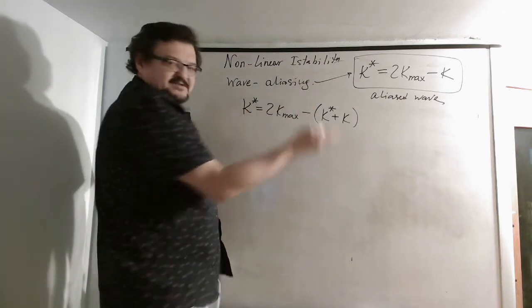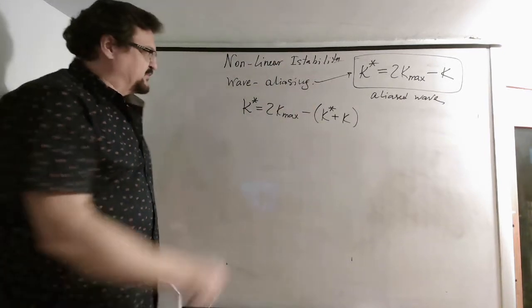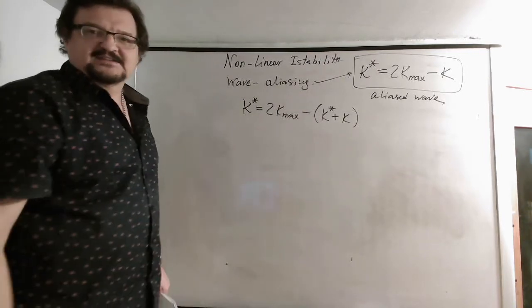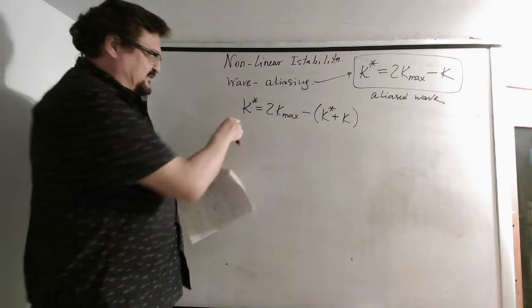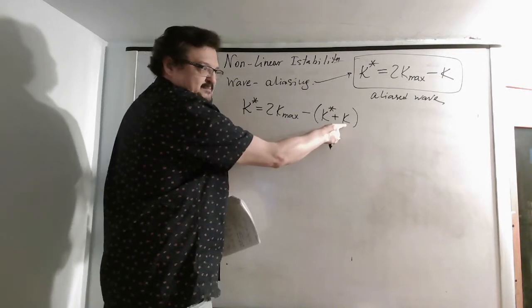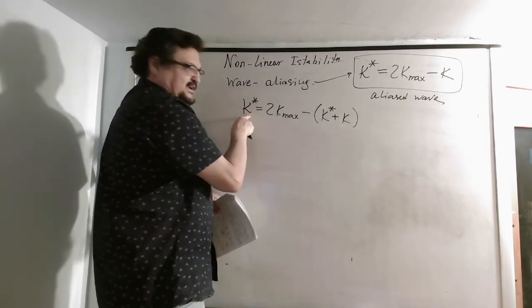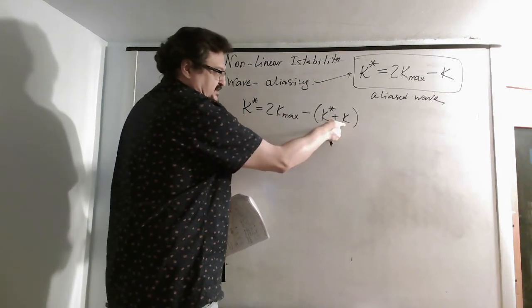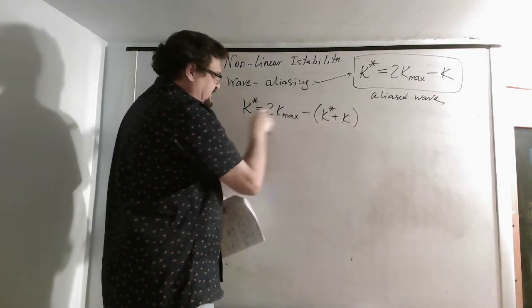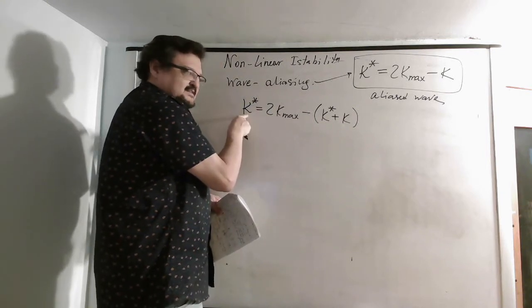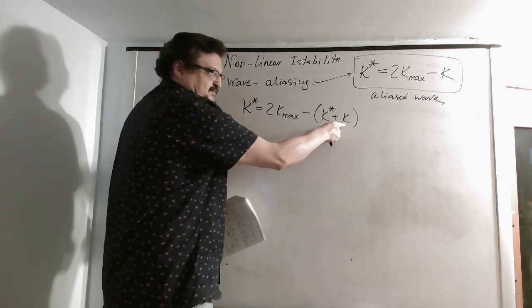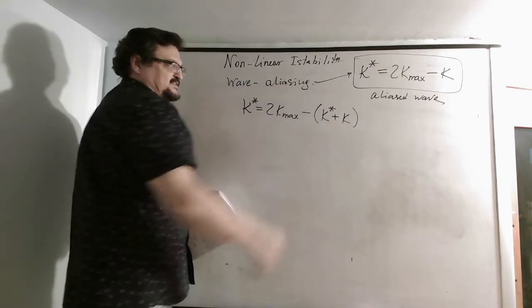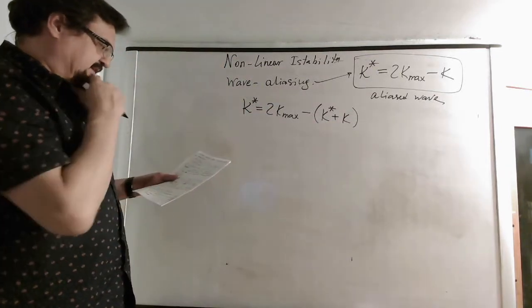In that case you may have an explosion, because k star creates k star and energy is not effectively vented out. The k star wave interacts with wave k and creates itself, so it adds more energy to itself from wave k. You see, it's sucking all the energy from wave k.